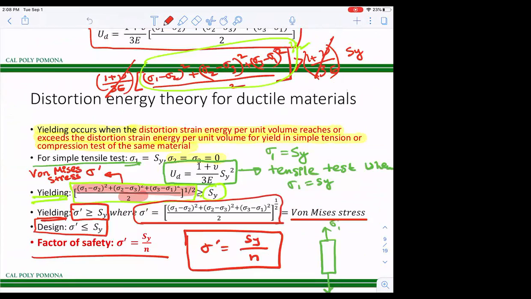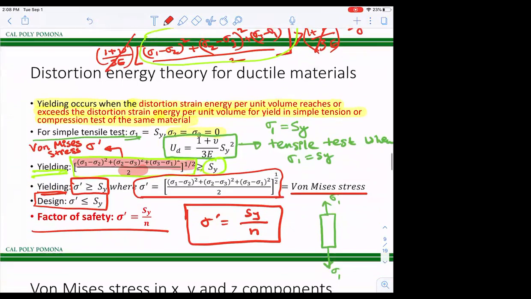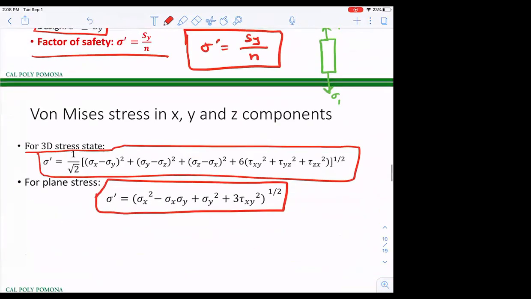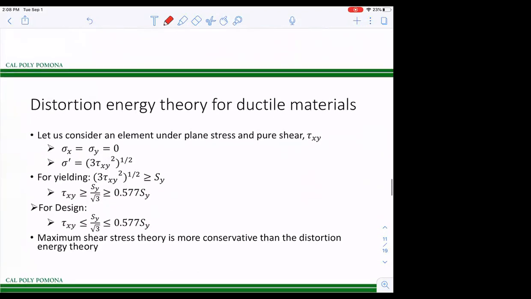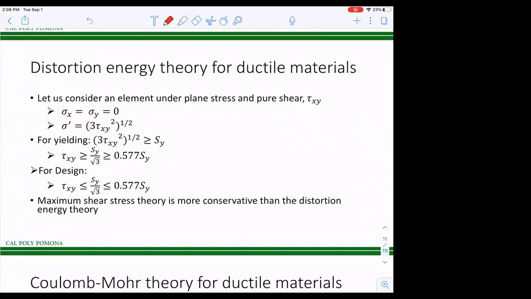Sigma 3, any one of it will be 0, and plug in the remaining 2 principal stresses, you'll get your von Mises stress. Or if you are lazy, you can directly calculate your von Mises stress from here. So these are very important formulas. This is distortion energy theory for ductile material.